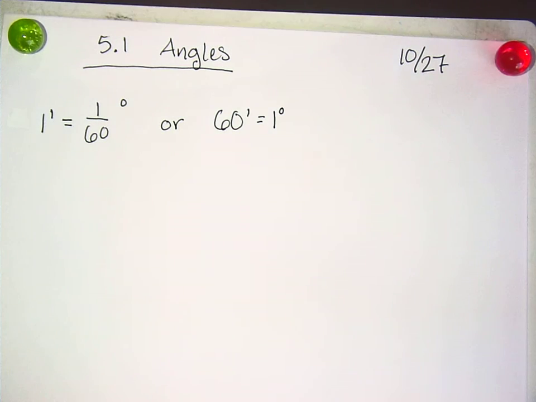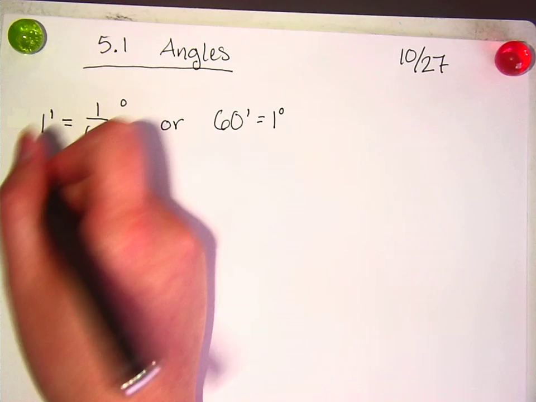By the way, the reason why we're doing minutes and seconds instead of tenths and hundredths is that, instead of writing 5.5 degrees, you could write 5 degrees and 30 minutes. The reason for that is the angles of a circle. 60 is an easy way to split it up.